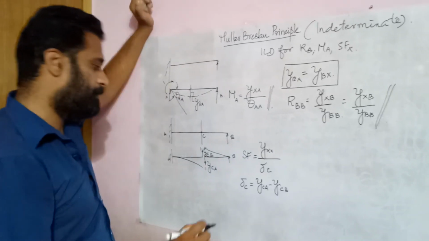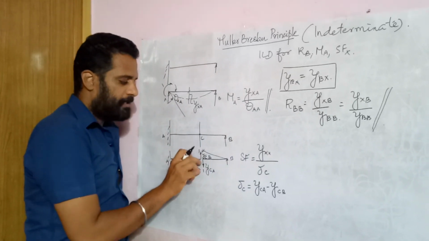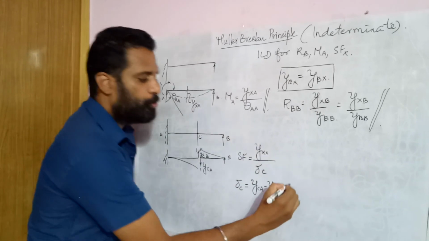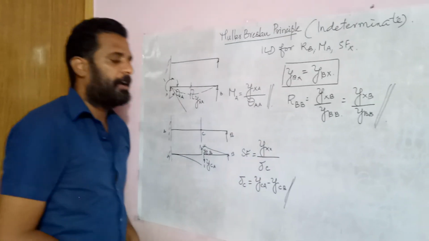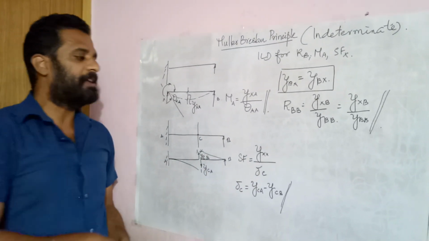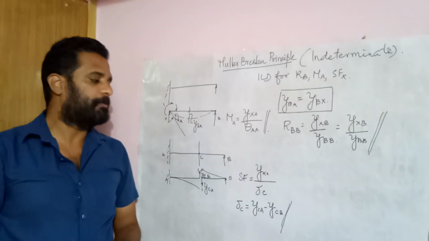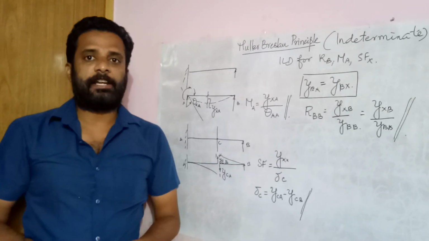This is a little tougher to understand, but during the application of problems, you will find it very easy. So these are the basic formulas for calculating the reactions, moment and shear force at any section. Thank you.